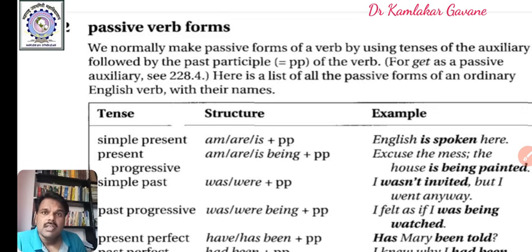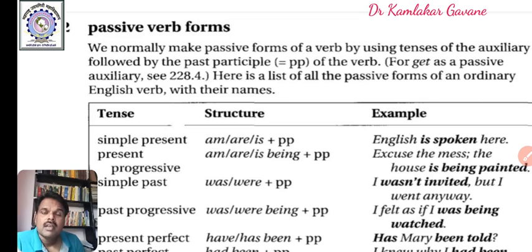When we change a sentence from active to passive, the first thing is that the sentence must have a transitive verb, or there should be an object in the sentence. Otherwise you cannot change it into passive voice.